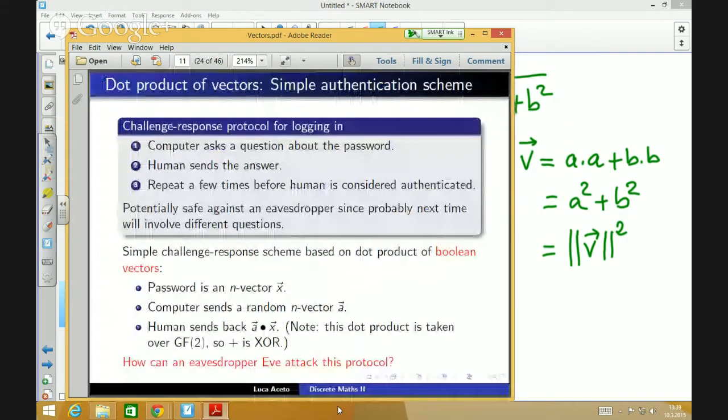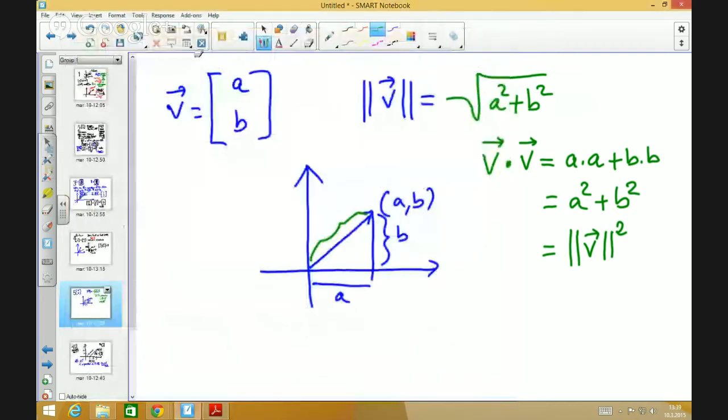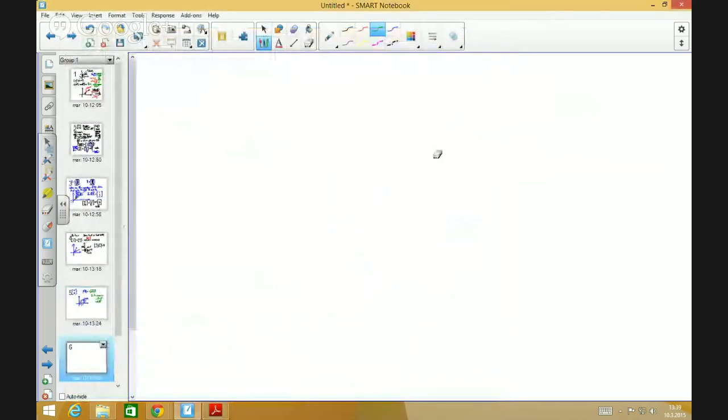You know the answer. And to convince you that you actually know the answer, let's figure out what Eve knows. There you are, Eve in green, because we love women. Sort of. It depends. Eve sees all the vectors that the computer sends to Adam.